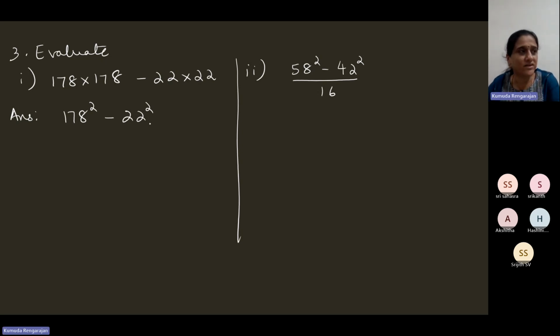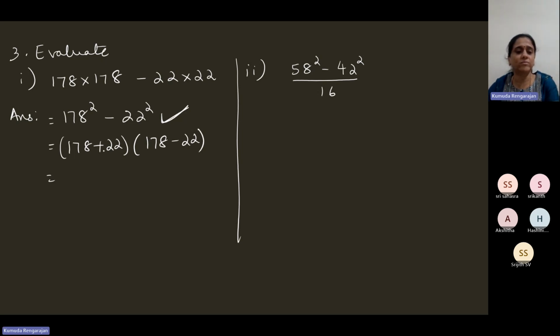What is a? 178. b? 22. So it is a plus b into a minus b, because the question is like a squared minus b squared. 178 into 178 is 178 squared. 22 into 22 is 22 squared. So this is still the question only. A squared minus b squared. So the answer is a plus b into a minus b.